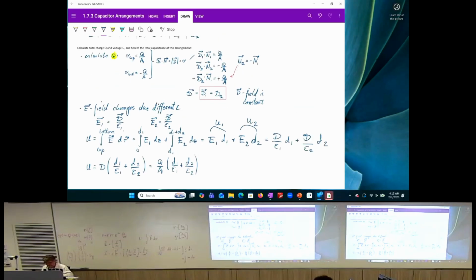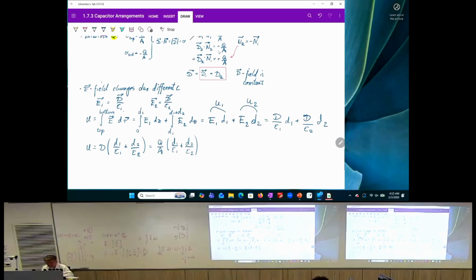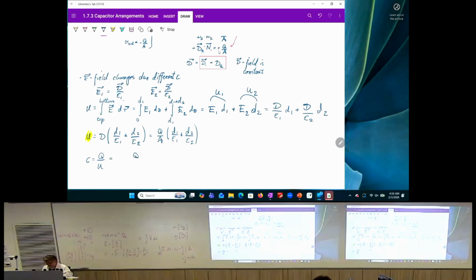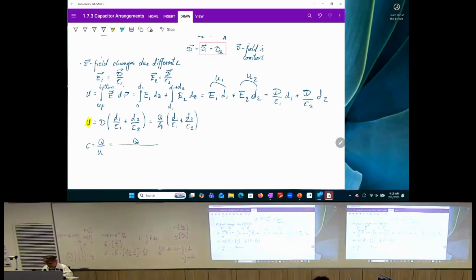Now we have our Q here, and then we also have our U. So our capacitance, that is what we would like to calculate, is Q over U. The U we just have here above, that is Q over A times d1 over epsilon 1 plus d2 over epsilon 2.